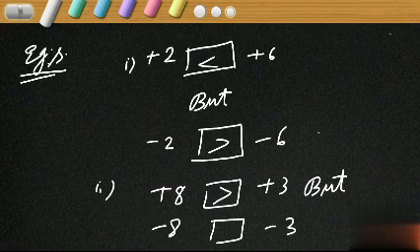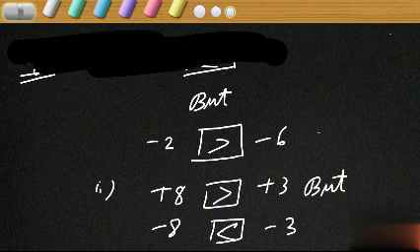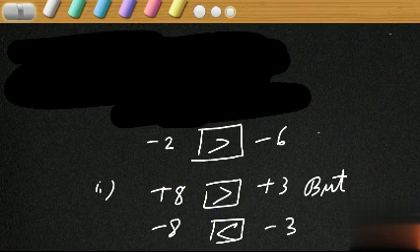That means -8 is less than or greater than? Left side number will be the smaller one. So -8 is less than -3. Okay, is it clear? Yes. Now write our next topic of the session, comparison of integers. That is G.